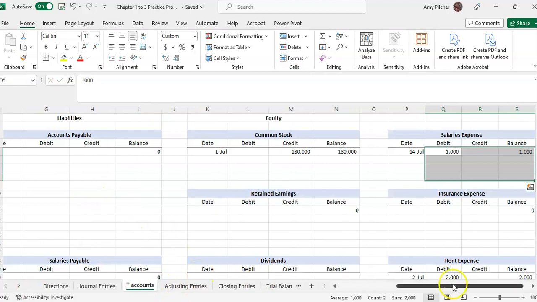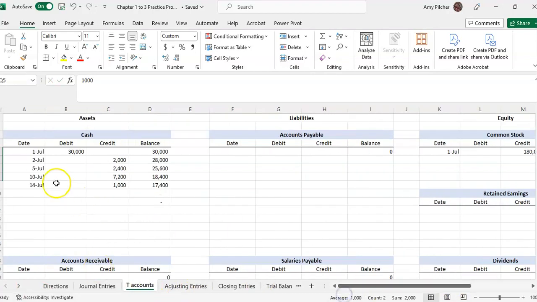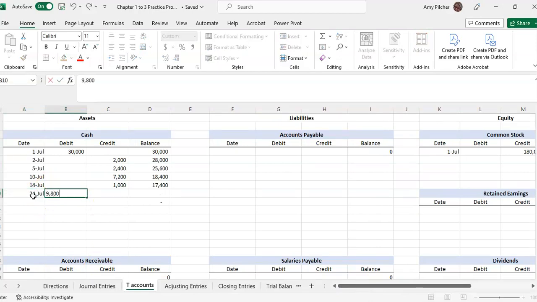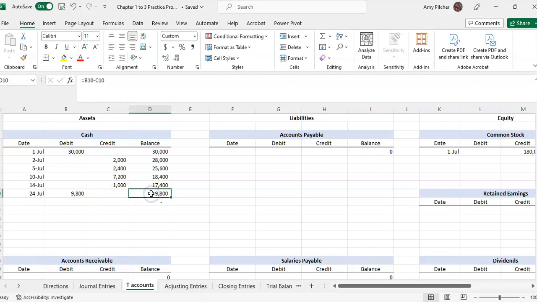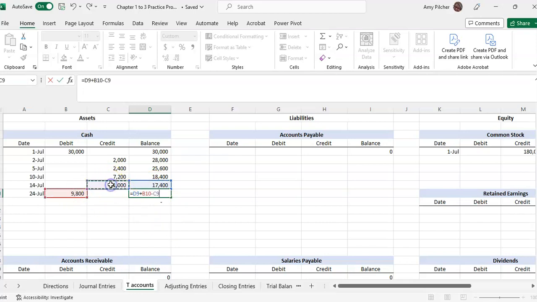Okay, so this is July 24th. We debited cash for $9,800. So now we need to take our previous balance plus debits minus credits. Oh, minus credits.